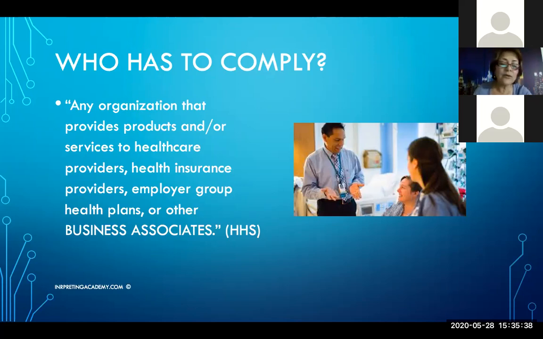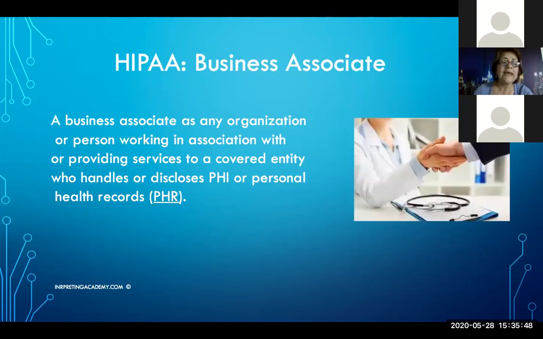Even though you are not employed directly by a hospital, if you do it through an agency, you are considered a business associate. And a business associate, according to HIPAA, is defined as any organization or person, listen to that, working in association with or providing services to a covered entity who handles or discloses PHI.